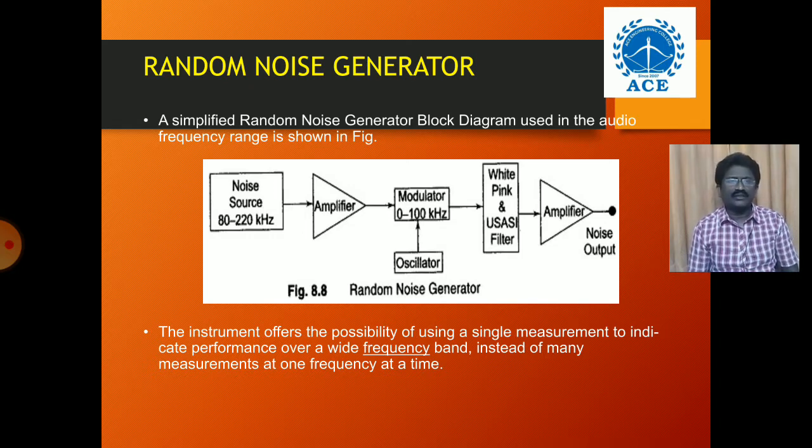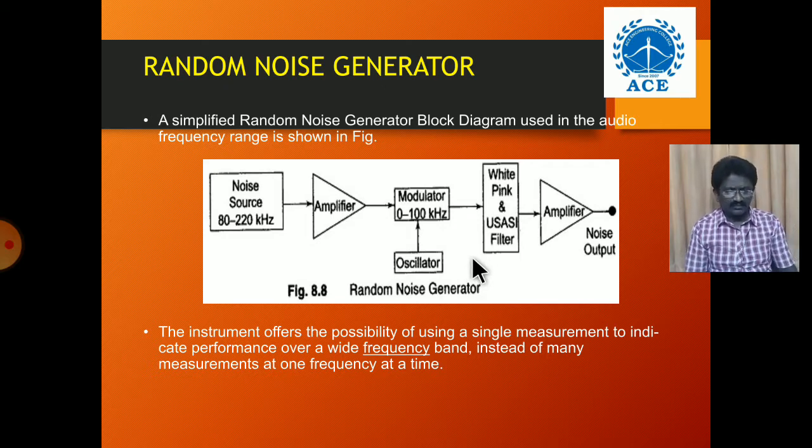The instrument offers the possibility of using a single measurement to indicate performance for a wide frequency band, instead of many measurements at one frequency at a time. In this block diagram, the first block is the noise source, which lies between the frequency 80 to 220 kilohertz. This is the basic block diagram for the random noise generator.